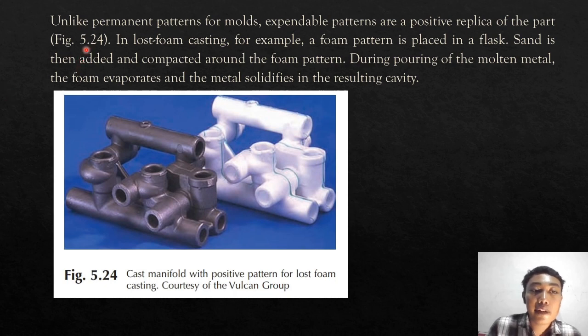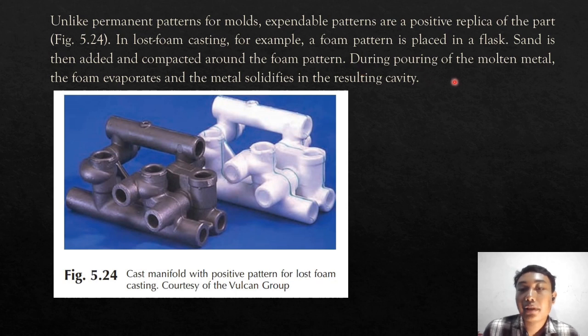Picture 5.24, it's like this. In lost foam casting, the foam pattern is placed in a flask with sand. Sand is then added and compacted around the foam pattern.